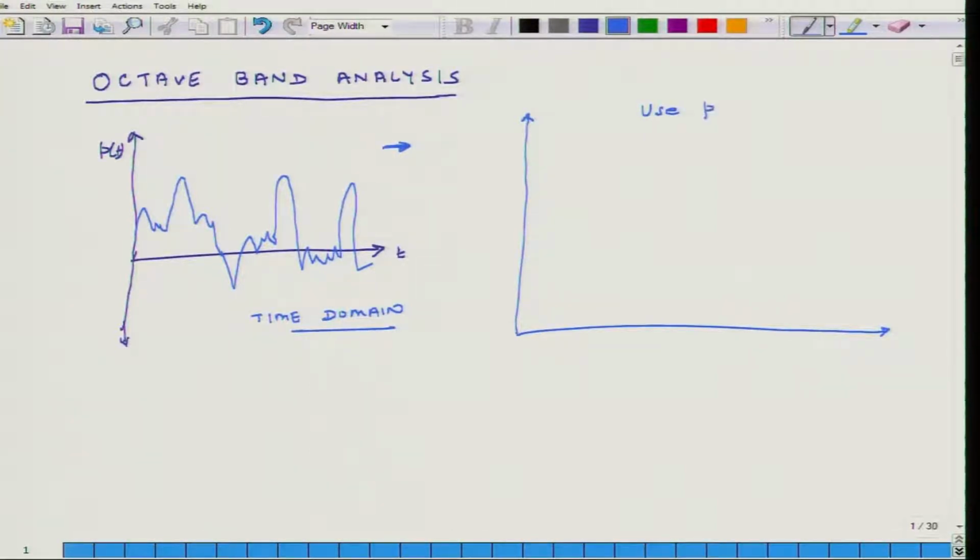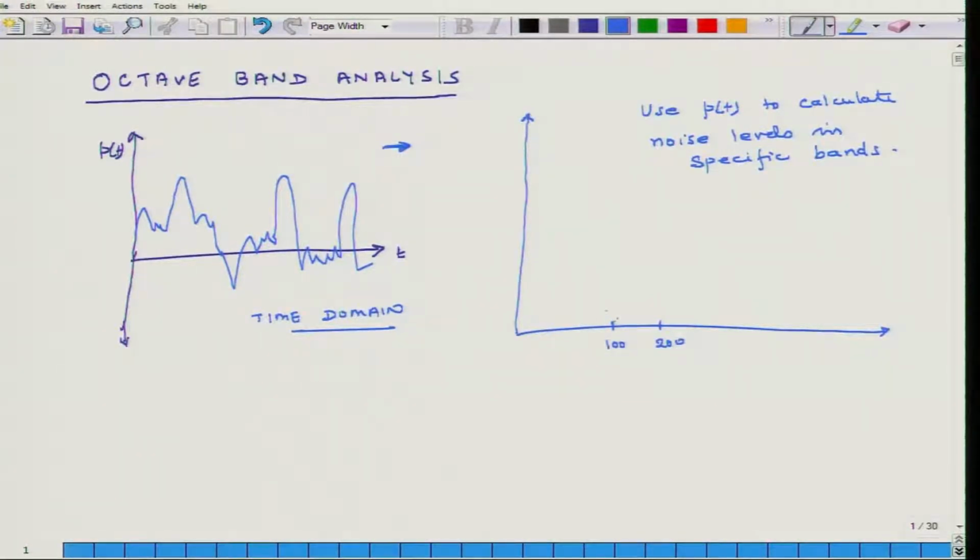So, the question is, use pressure in the time domain data to calculate noise levels in specific bands. So, what is a band? Band is a range of frequencies. So, for instance, a person may ask how much noise is being produced between 100 and 200 hertz.